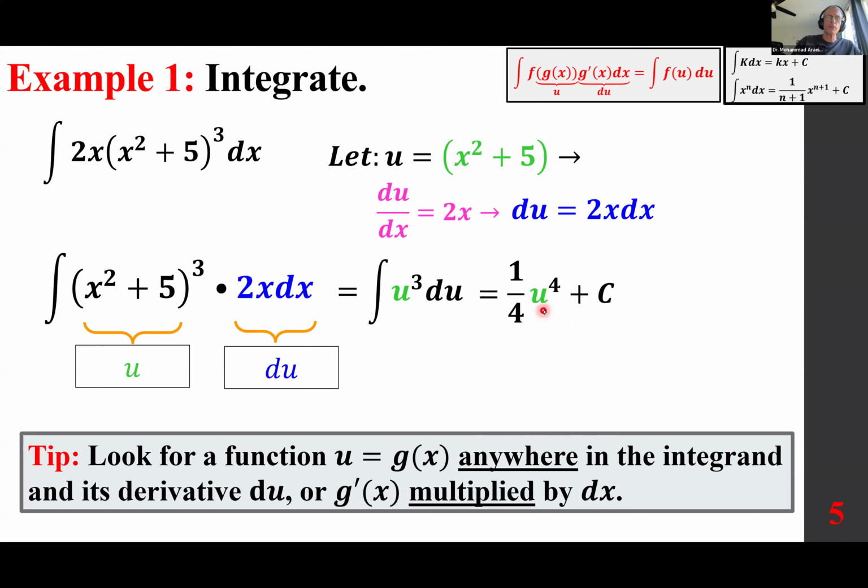Reverse substitution, 1/4 x squared plus 5 to the power of 4 plus c is the final answer, everybody. That's how we arrive at the answer using the substitution method.